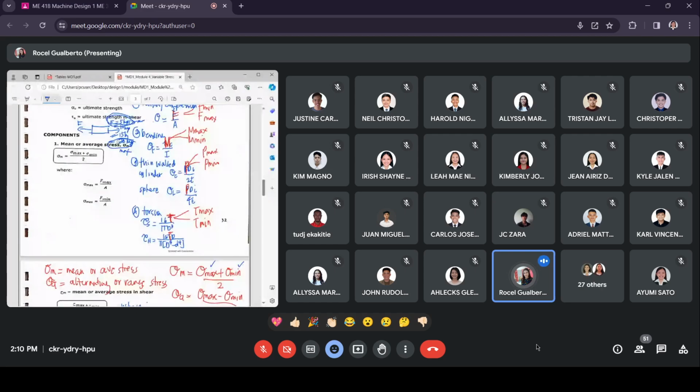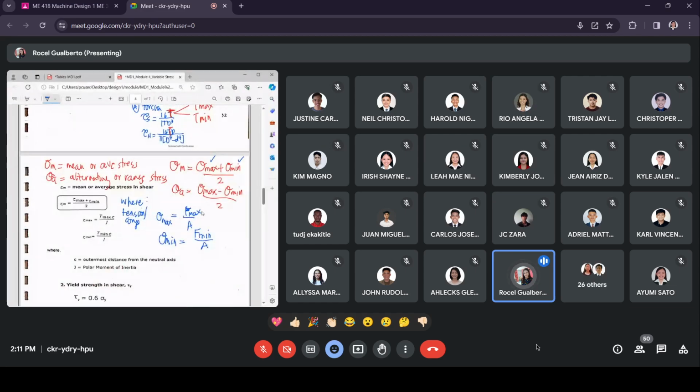So this would be 20 over A, and then this one would be 5 over A. Nakuha po ba? And from the area, that is where you'll obtain your unknown dimension. That is for tension or compression.